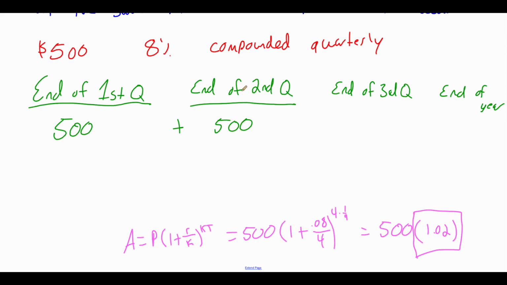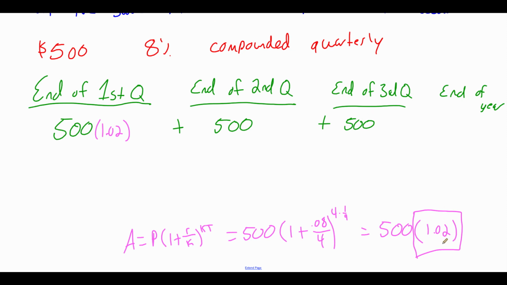So at the end of the second quarter, we're going to have that additional $500, but then I need to take this original $500 times 1.02 to figure out what that would be with my interest included.